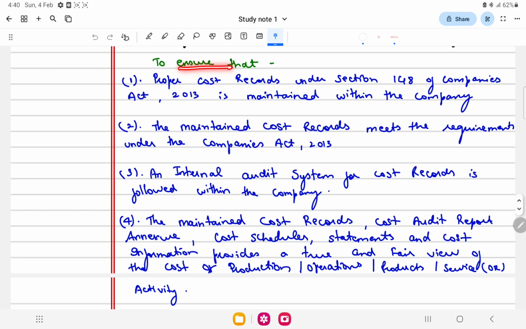First point, to ensure that a proper cost record under section 148 of the Companies Act 2013 is maintained within the company.